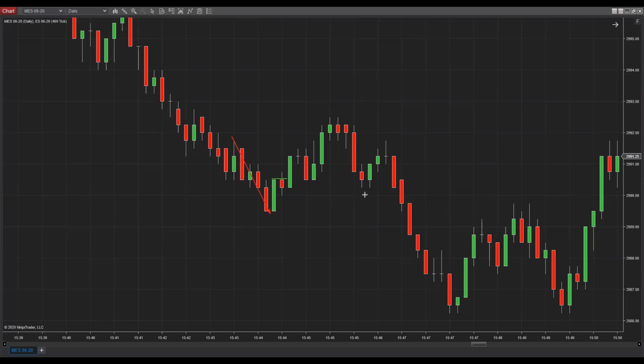Even if it breaks the prior candle's high by one tick, which is 25 cents in the ES futures or the minis or the micros, it still counts as an up leg. So now we are in an uptrend or an up leg until a candle breaks a prior candle's low, which we see here.